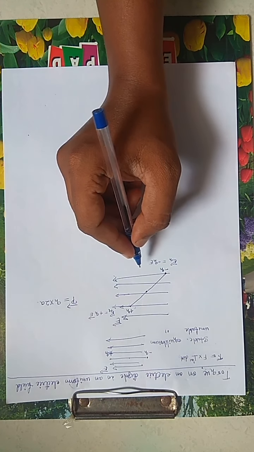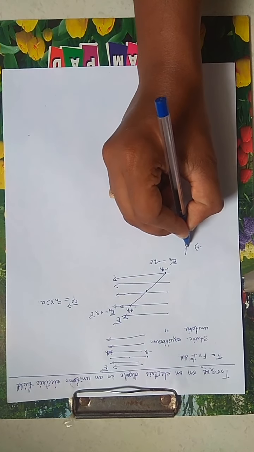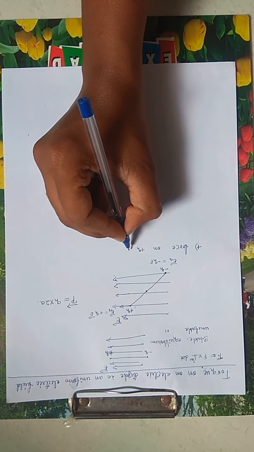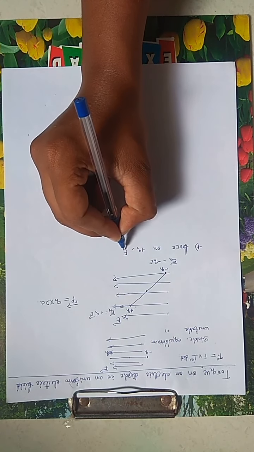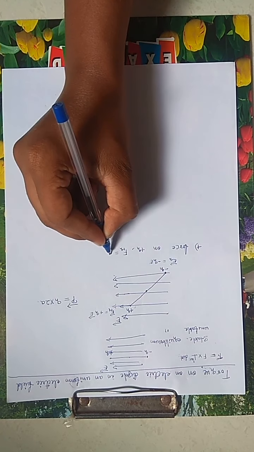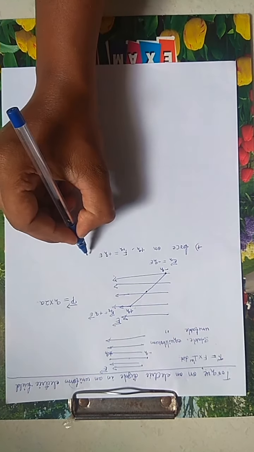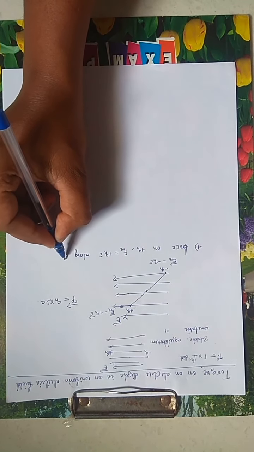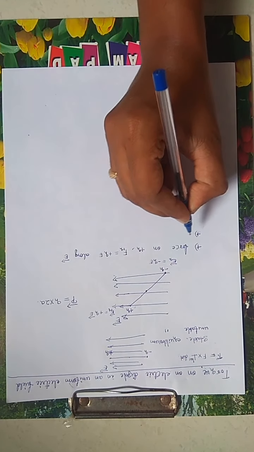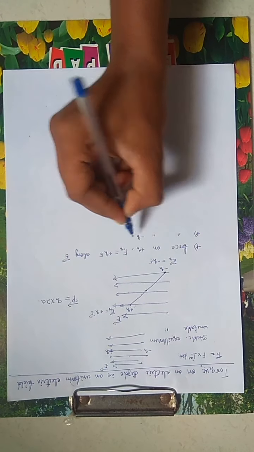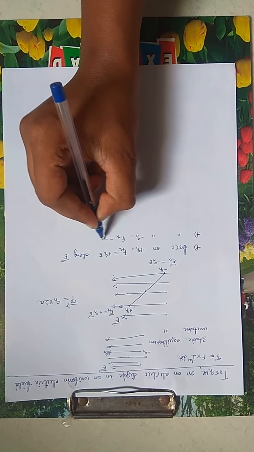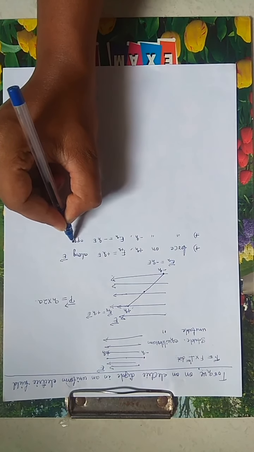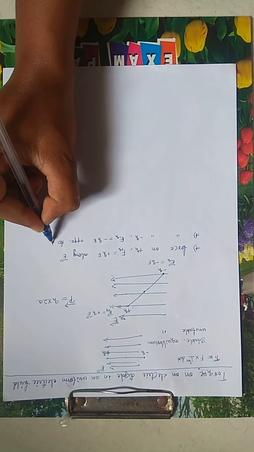Now first of all, write the force on the plus q charge: F plus q equals plus qE, along the electric field. The force on the minus q charge, F minus q, will be minus qE, opposite to the electric field.